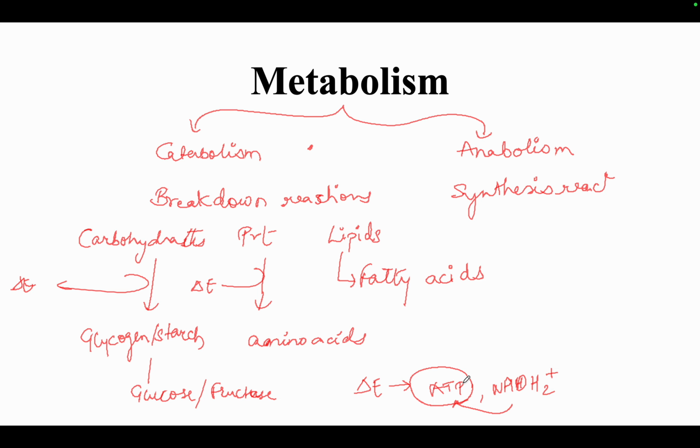This is the general theme of catabolic reactions, whereas in anabolism we have synthesis reactions. From smaller subunits like glucose, amino acids and fatty acids, we generate these macromolecules back again for storage purposes.